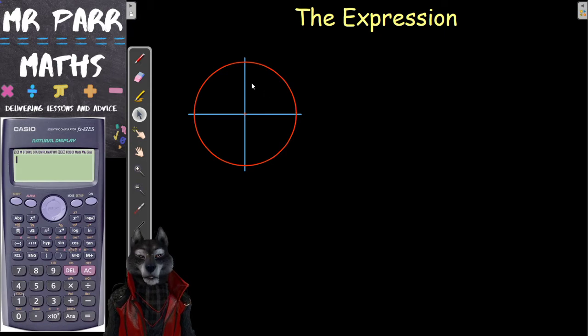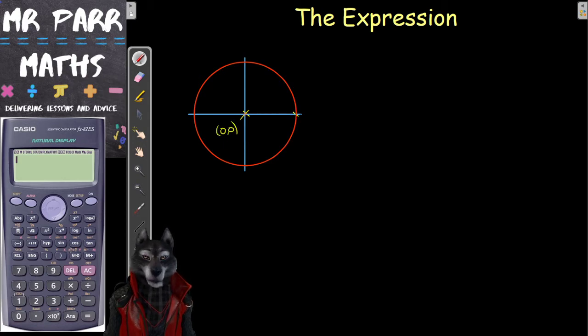Here you can see I've got a set of axes with a red circle being our circular graph. This circular graph we can now break down. So let's do that. If I mark on here, obviously the origin is coordinates 0, 0.